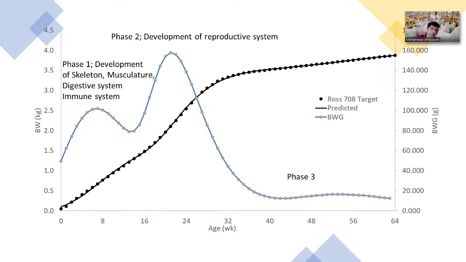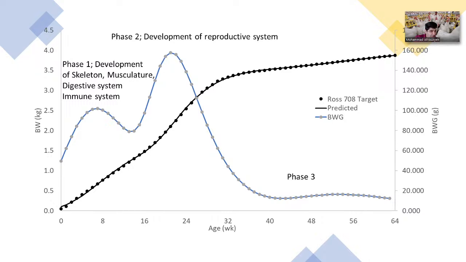During phase 2, it's the development of the reproductive system. Again, it's really crucial. As you can see, phase 2 starts around 12 weeks of age, and we would call it the pubertal phase because our birds are going to mature and they are going to start laying. To start laying, they need some metabolic triggers.